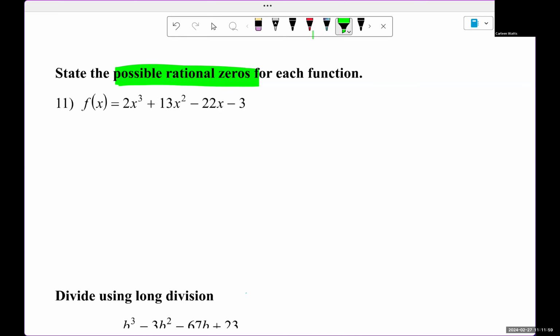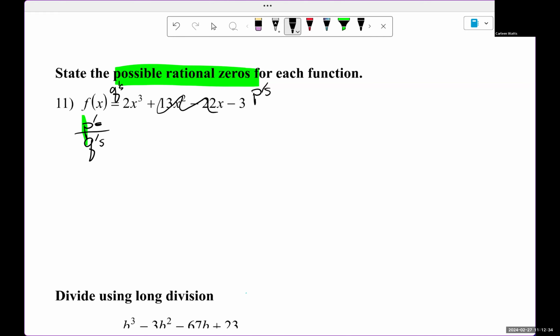Possible rational zeros. This is the P's over Q's. Okay, now what goes, so we're pretty much ignoring those ones at the moment. What goes on top? Does the first number go on top or the last number? Okay, so this is the P's and this is the Q's.